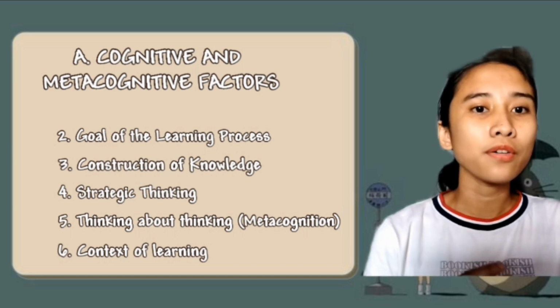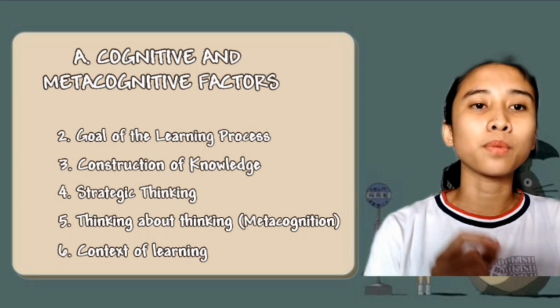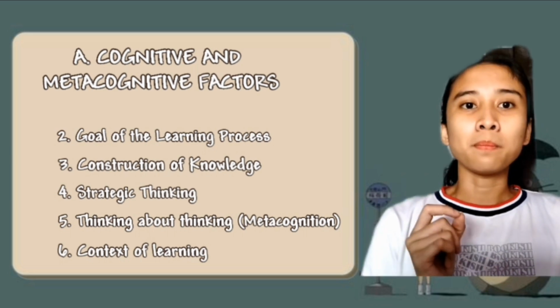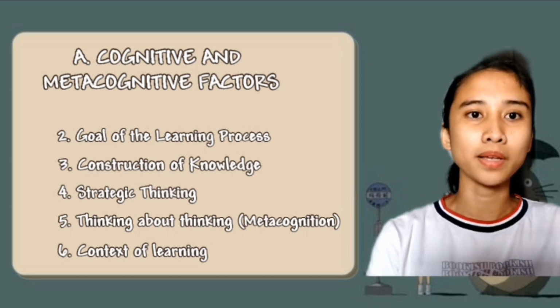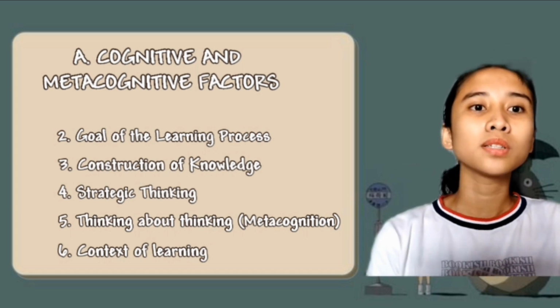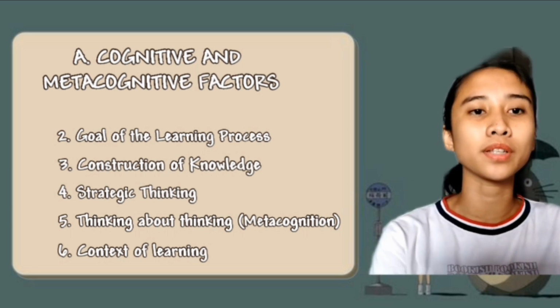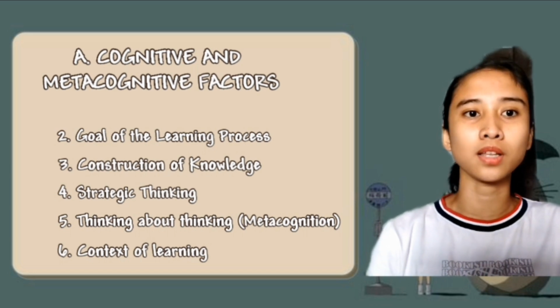To be effective learners, students should: number 1, actively construct meaning rather than memorizing passively. Number 2, set clear learning goals and refine them over time. Number 3, connect new knowledge to existing knowledge.